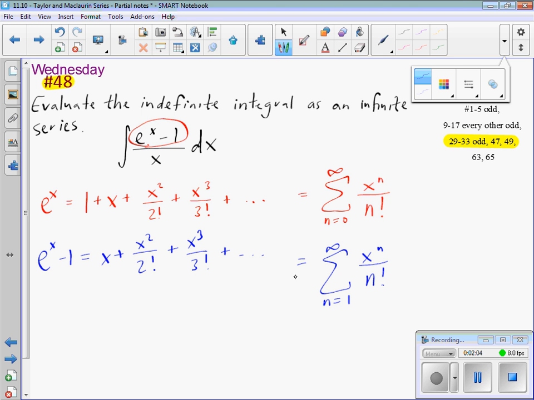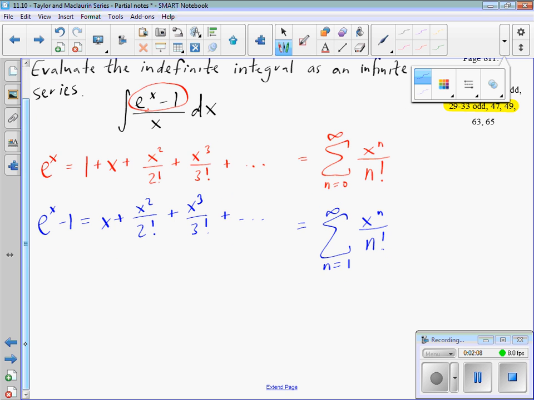Okay. Now what do I still have to do with that? Divide by x. So I'm going to take what I have here and multiply it by 1 over x. And that'll get me the last step here. So if I want e to the x minus 1 over x, I'm just going to take what I have here and multiply by 1 over x.